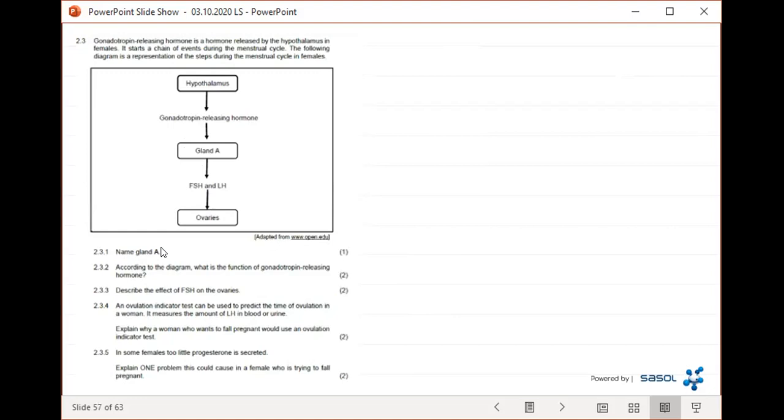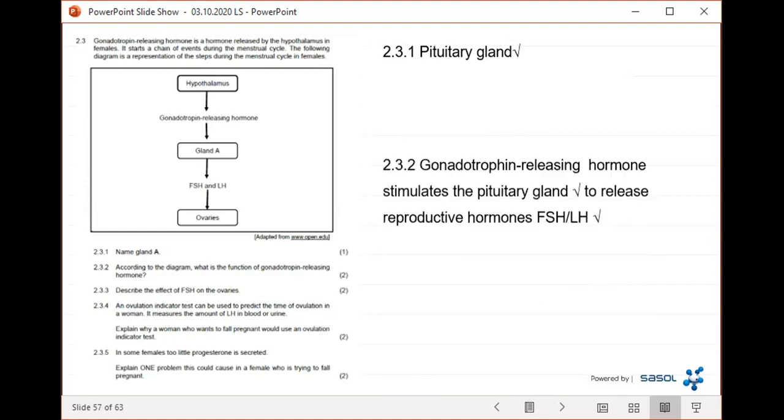Question 2.3.1. Name gland A. The gland that releases follicle stimulating hormone and luteinizing hormone. It is the pituitary gland. Question 2.3.2. According to the diagram, what is the function of gonadotropin releasing hormone? It stimulates gland A, which is the pituitary gland, to release follicle stimulating hormone and luteinizing hormone.